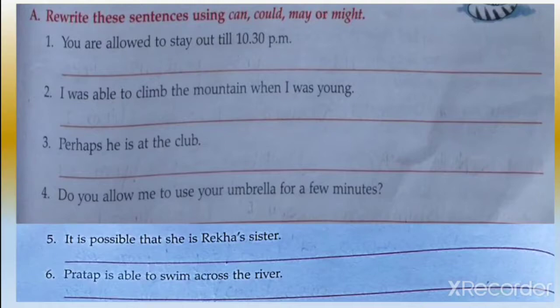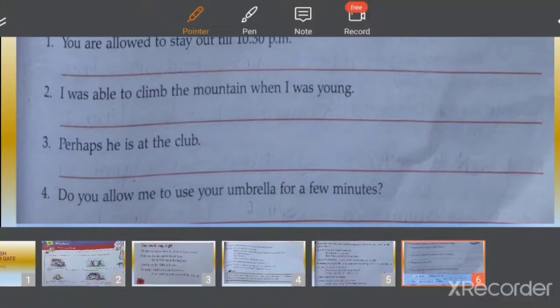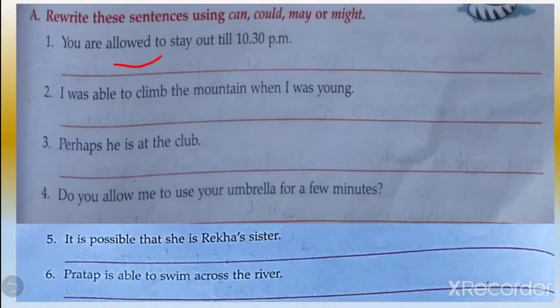So for that, what do we have to use? Now look here, allowed to. Allowed to means someone has already given you permission to do something.